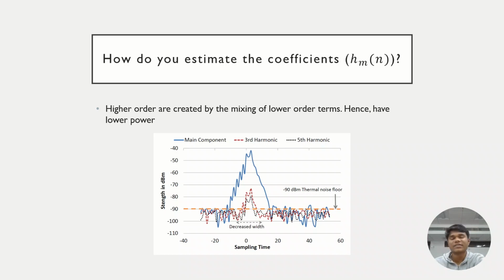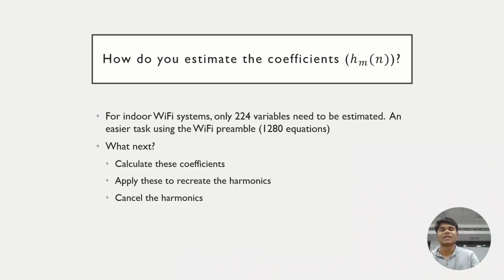This is depicted here in this graph. Here the blue one is the main component, the red symbolizes the third harmonic. As you can see, even the third harmonic has significantly lesser strength than the main component. The fifth harmonic has even lesser strength, and anything below the noise floor is valueless to us. So the higher order terms will not matter to us.